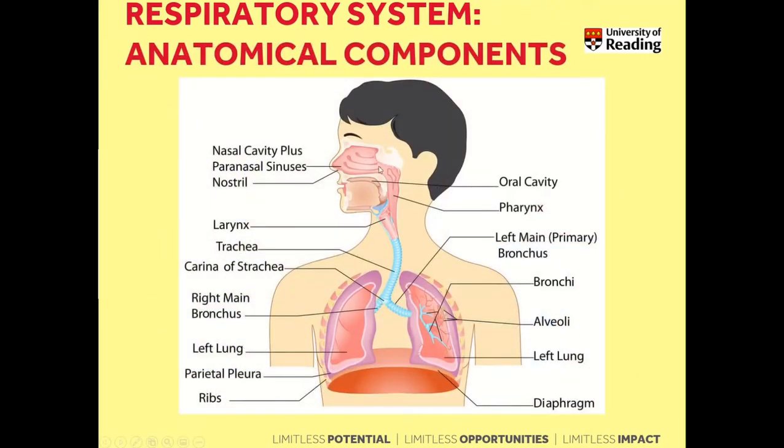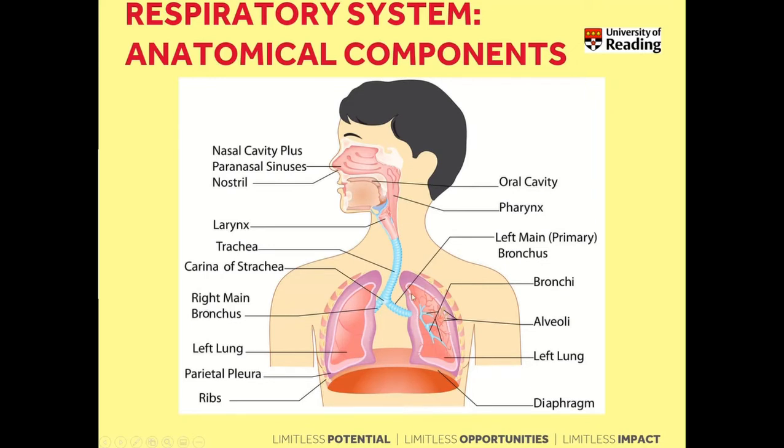This cartoon is summarizing the anatomical components of the respiratory system that consist of nasal cavity or oral cavity, larynx, which is the part above the trachea, which divides into main bronchi that will divide further within the lungs into bronchi.